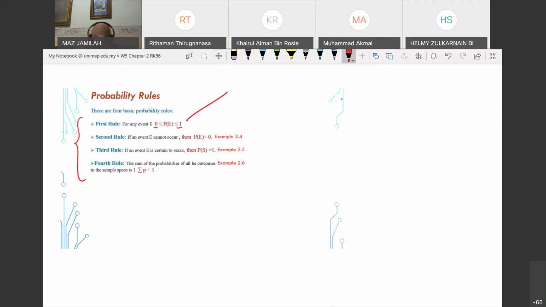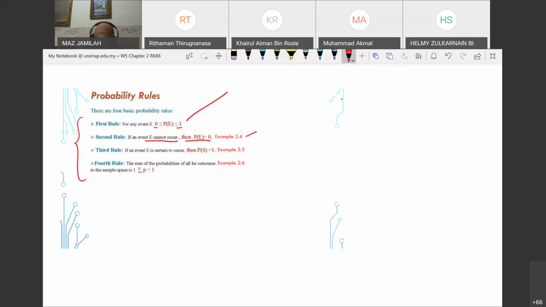Now, the second rule. The second rule says if an event E cannot occur, then the probability of event E is equal to 0. If the probability given for an event is 0, it means the event will not occur. Let's look at example 2.4.